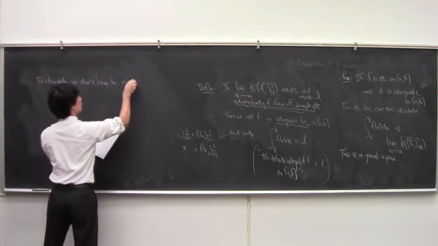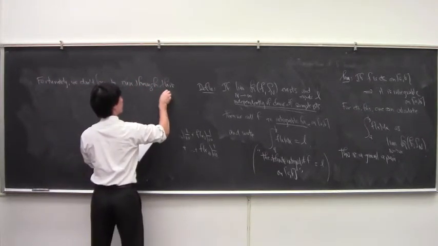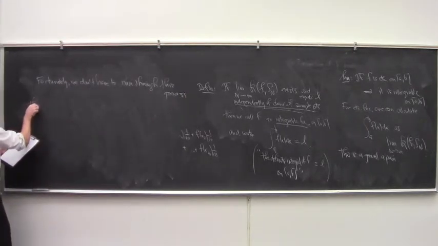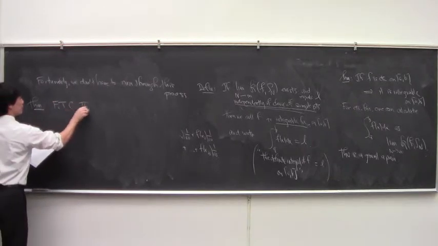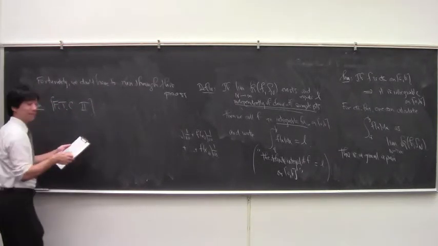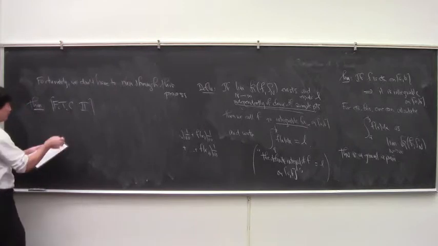We don't have to run through this process every time, thanks to the fundamental theorem of calculus. Fundamental theorem of calculus number 2. What was the first one? This is always called fundamental theorem of calculus number 2, but we're going to introduce it first.